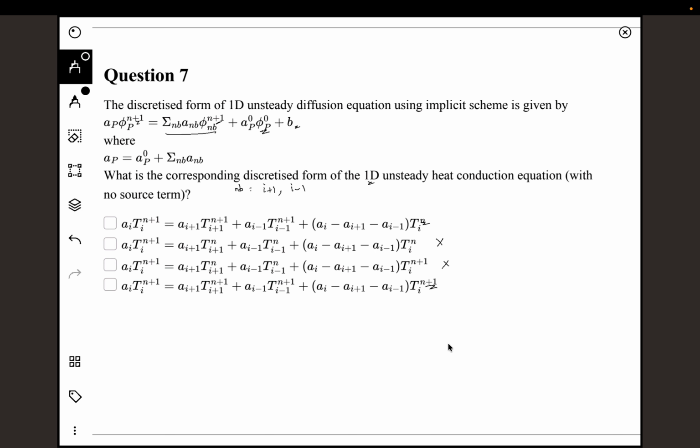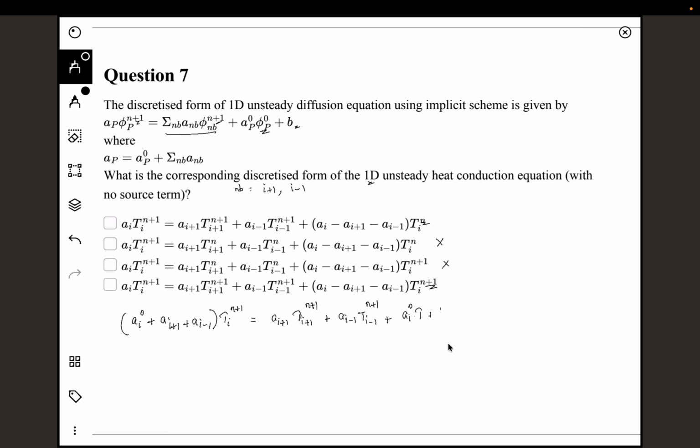So if I just write this equation, AP is basically AP naught plus sigma A_nb T_nb. So this will be A naught plus A_{i+1} plus A_{i-1} times T^{n+1}, which is sigma A_nb: A_{i+1} T_{i+1}^{n+1}, A_{i-1} T_{i-1}^{n+1}, plus A naught.